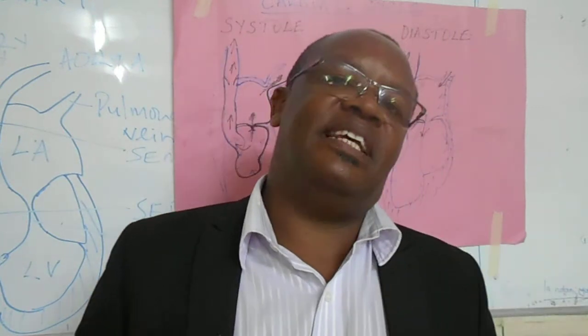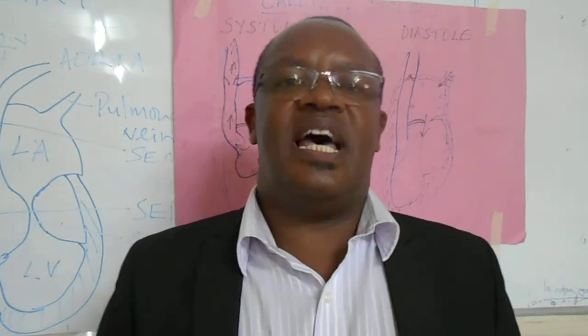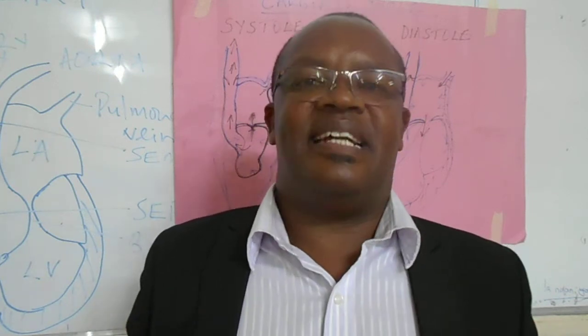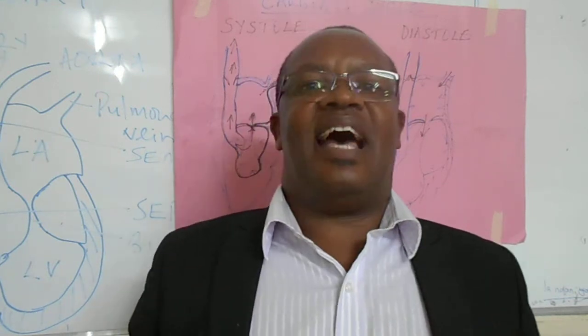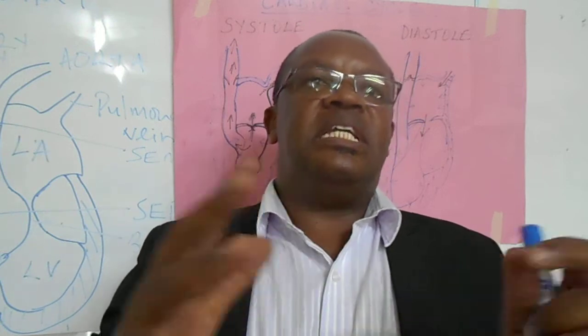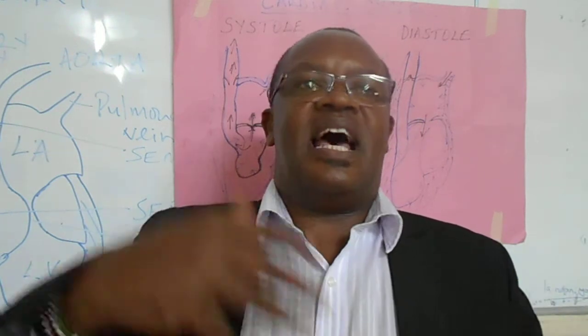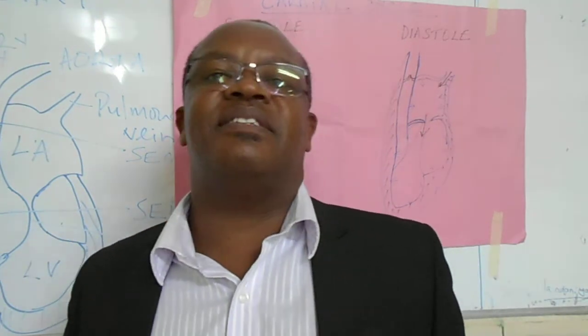Something else that happens is that the aorta and pulmonary artery relax and dilate to increase their size so that they can allow more blood to move out of the heart.